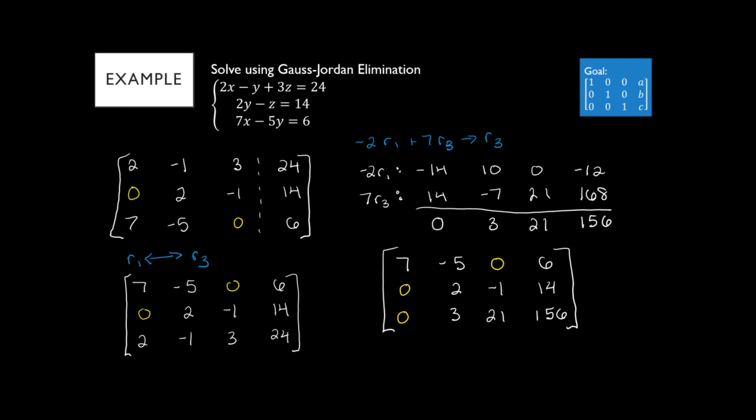While you're working with these matrices, you're looking ahead, looking at your options and seeing what's the easiest thing to do. So I'm going to divide row 3 by 3 so I can get a 1 there. So row 3 divided by 3.